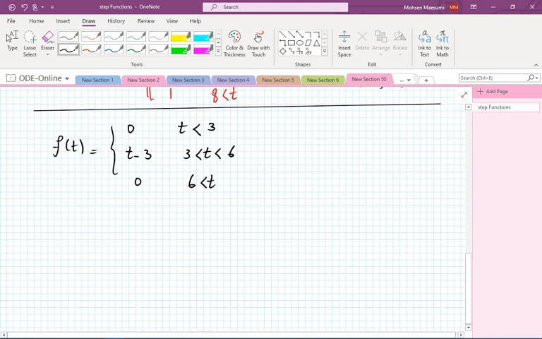Okay, kind of a simple step function. Question here, what is the Laplace transform of f of t?